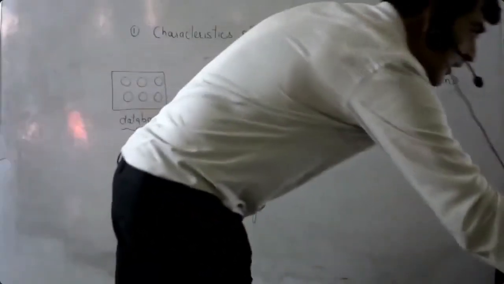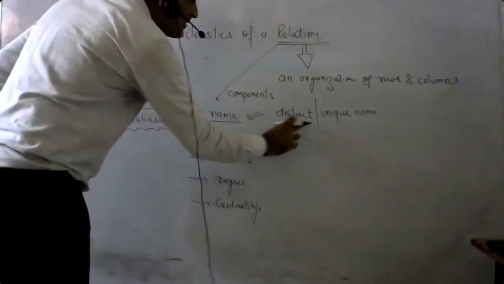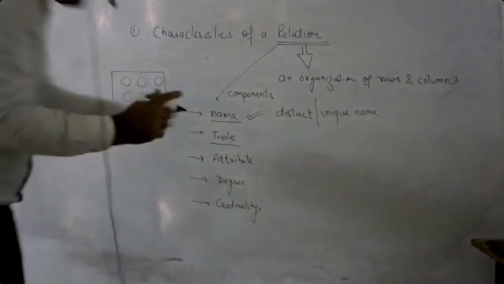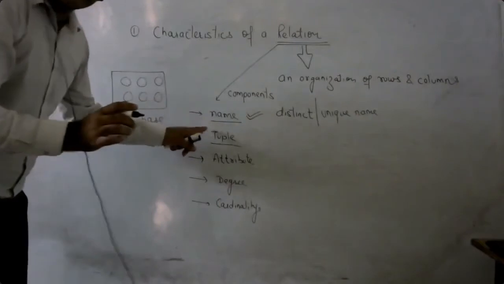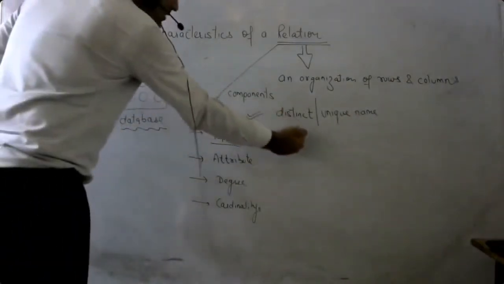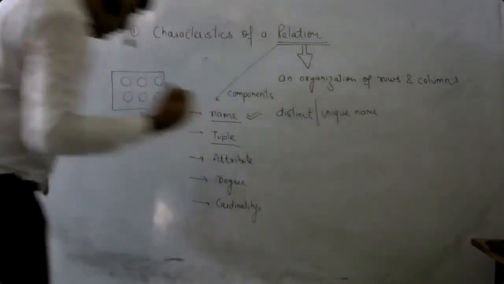So the very first characteristic of a relation is that each and every relation has a distinct or unique name. I told you yesterday that every relation has a name.